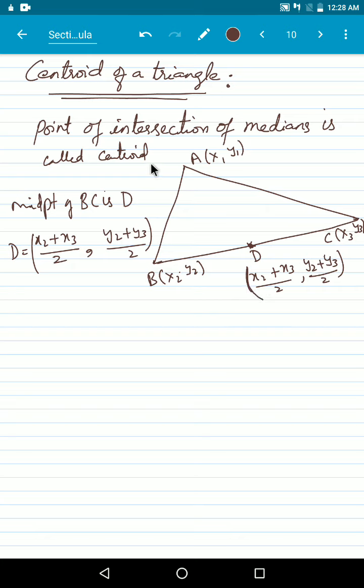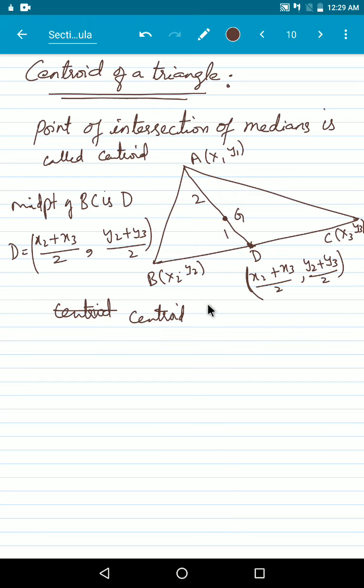Okay, now if we join this D with the opposite vertex A, AD is the median. All right, now centroid will lie somewhere here, right? We should know one thing, that centroid divides the median in 2:1 ratio. Centroid, C-E-N-T-R-O-I-D.